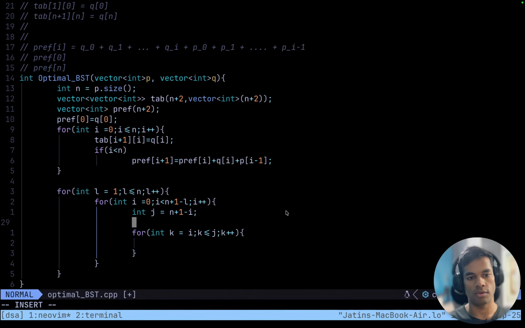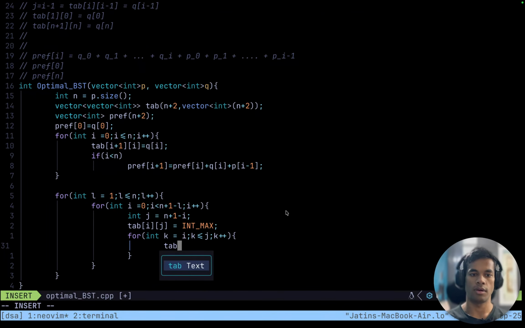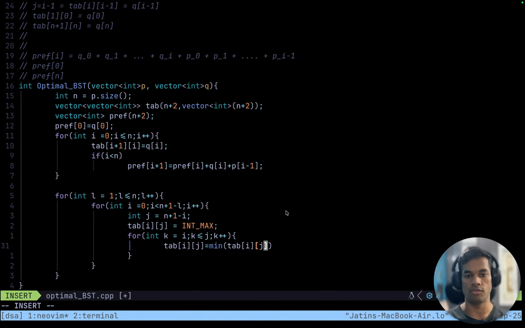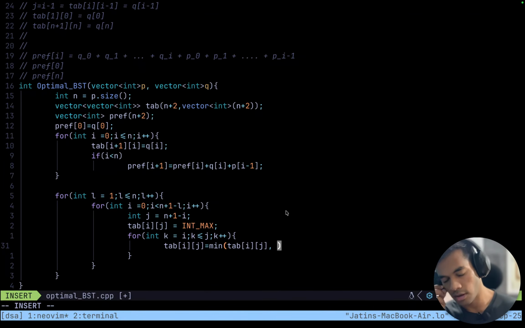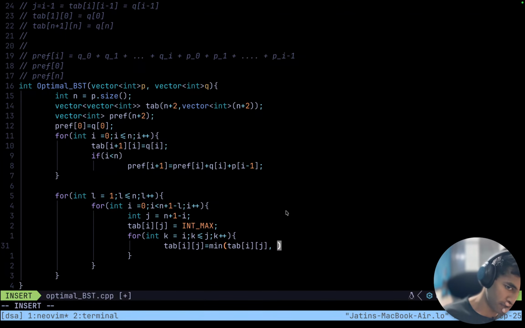Initially, we will have tab I, j equals int max, and then for each value, we will have tab I, j equals minimum of tab I, j, comma the cost of choosing the current k as the place where we split. And will k be equal to j? Yes, k will go up to equal to j.